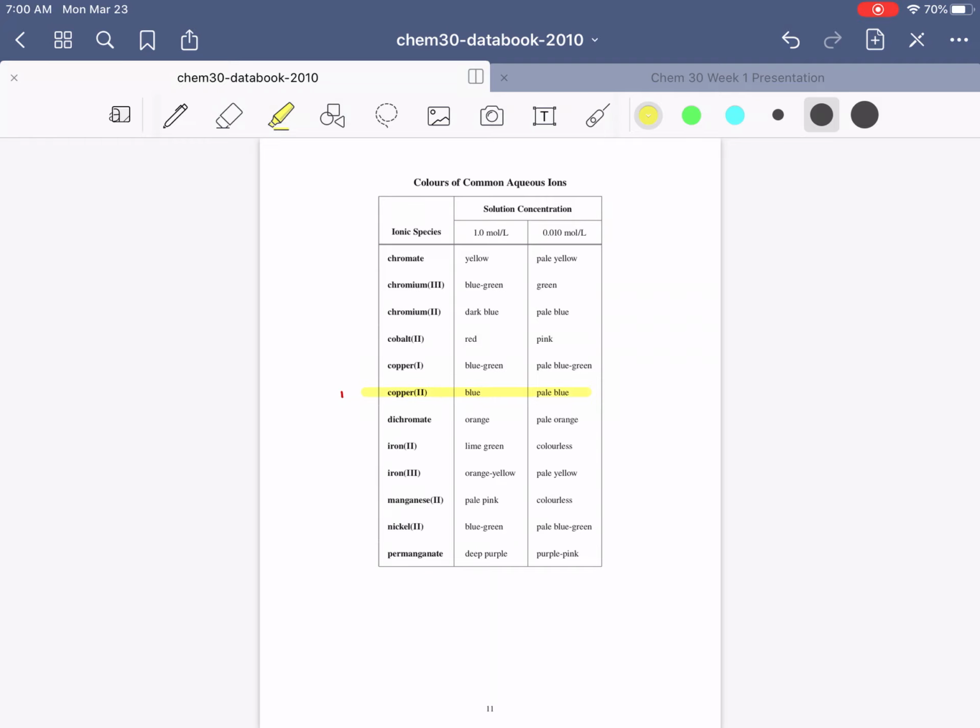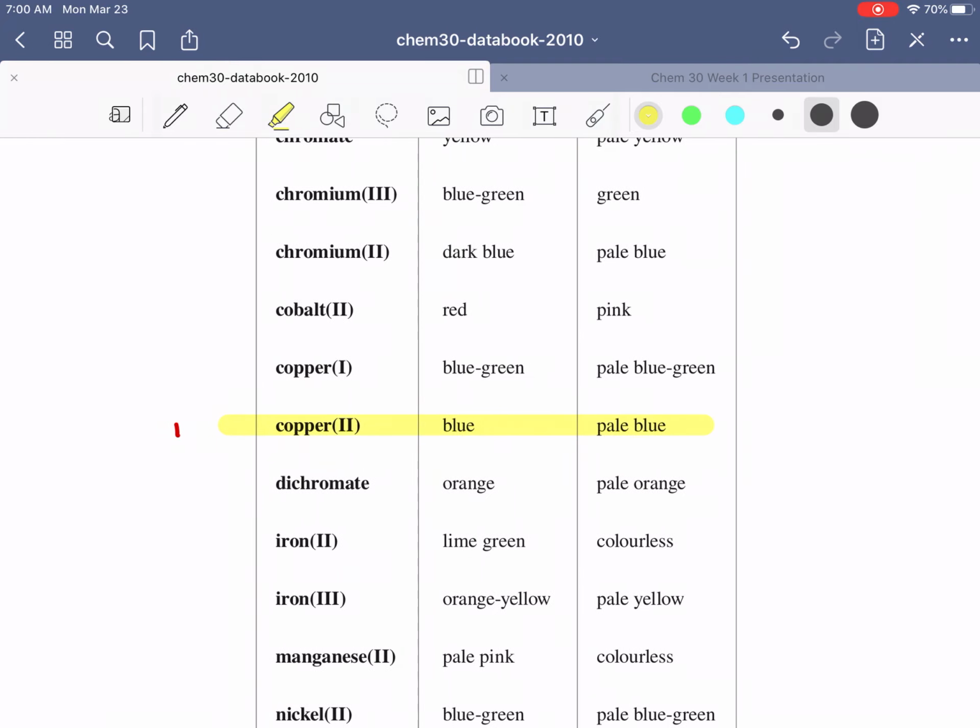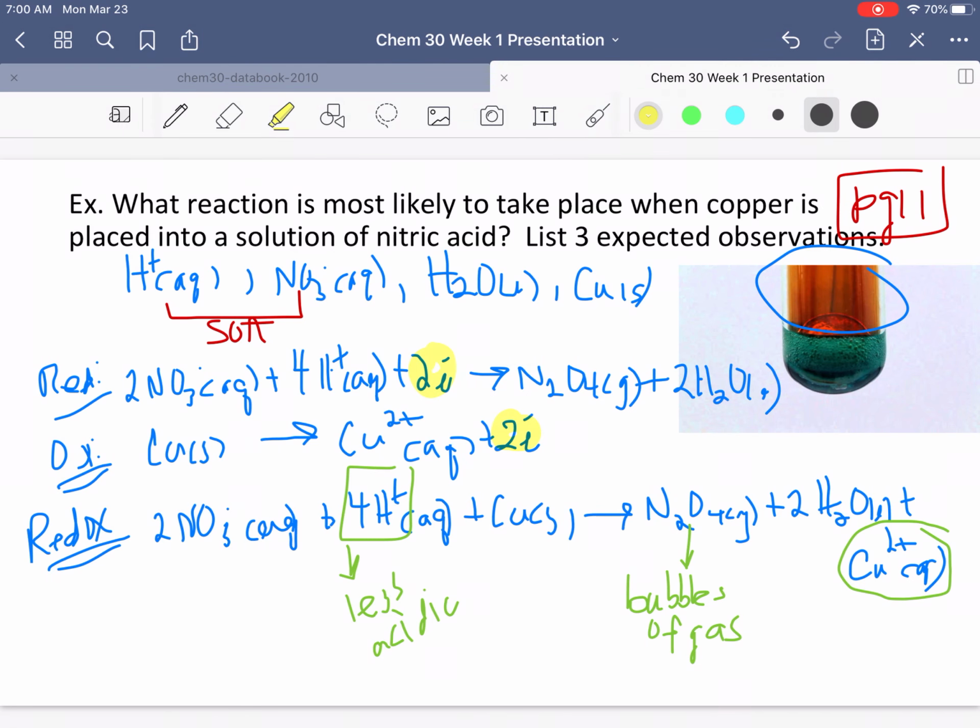So the solution becomes blue. Now, that's a good hint because there's our copper 2+ being formed. So now you know, when you write it out, that we should have that copper solid changes to copper 2+, which makes it blue. All right, and there we have it.